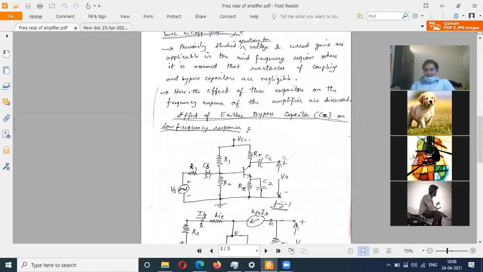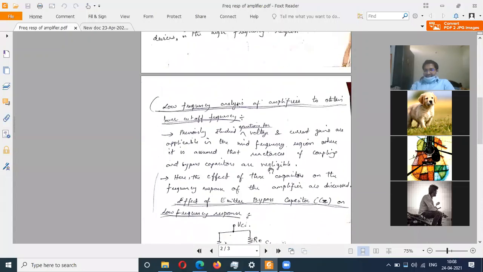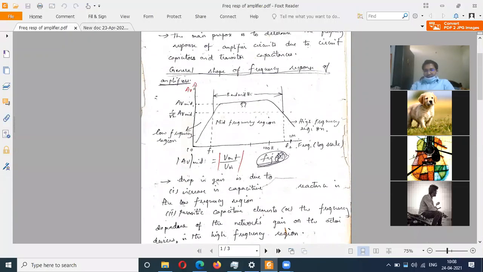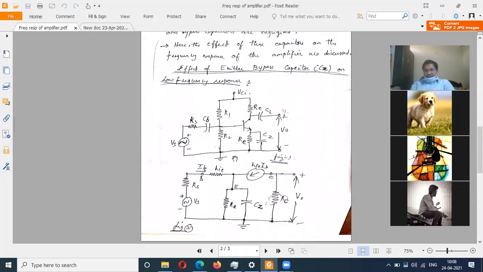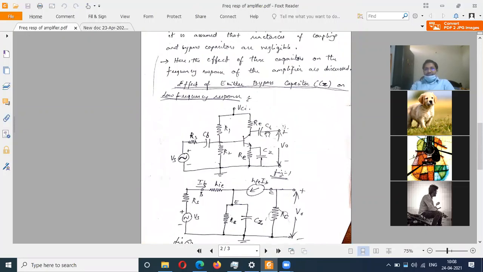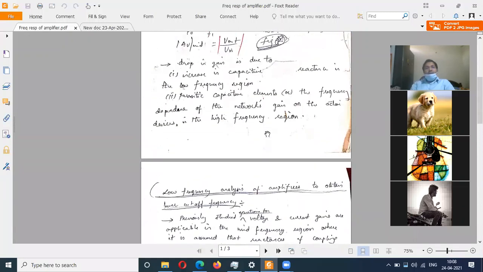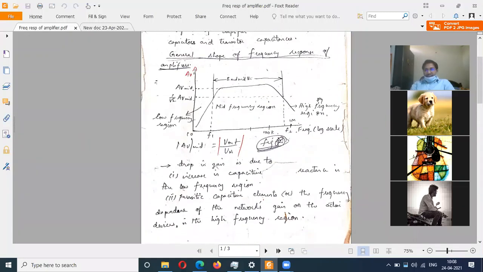Not only this one. This circuit has three capacitors. At mid and high frequencies, we can consider these three capacitors, C_B, C_E and C_C, as short circuits.